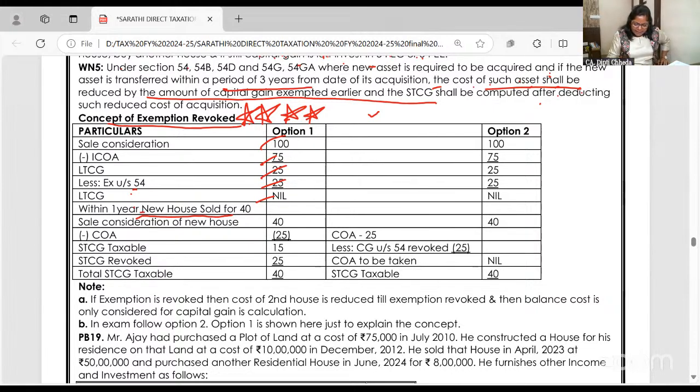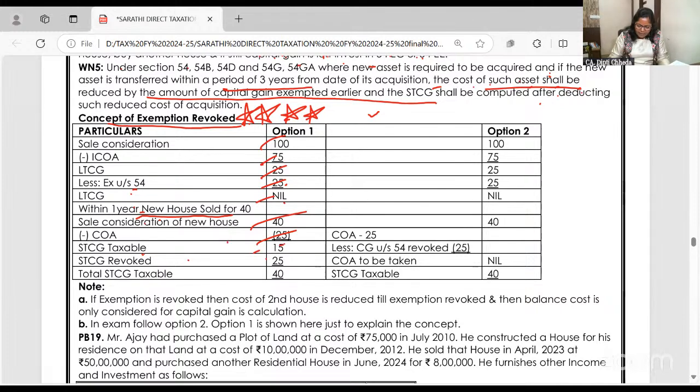So my capital gain was nil. Now, new house sold within 1 year for 40. What was the cost of the new house? 25, which you claimed exemption here. So short-term capital gain is taxable.